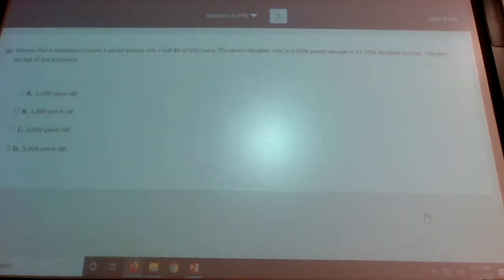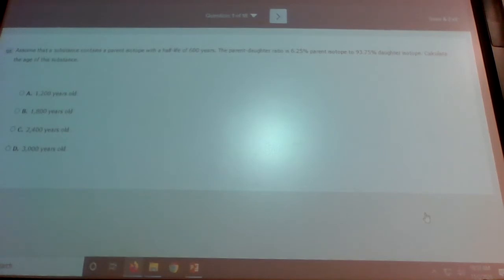And what do they want us to get down to? 6.25. So we have to keep going. The third half-life is 12.5%. Then your fourth half-life is half of that, 6.25. So how many half-lives has this rock undergone?